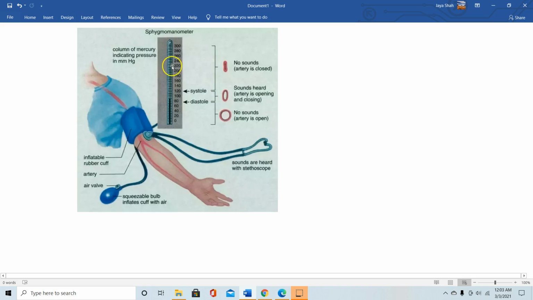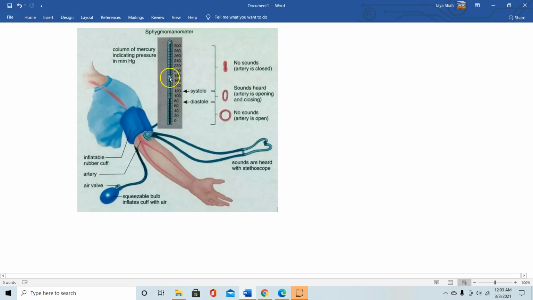So your eyes will be here and your ear will be hearing the sound. Once the mercury comes down from, let's say, 180, coming down, coming down, as you are loosening the air valve, you don't hear anything.